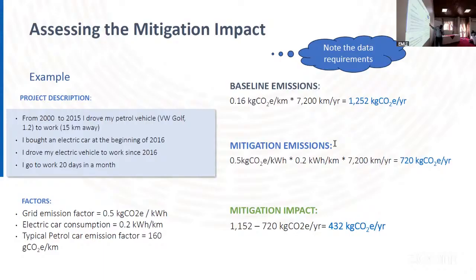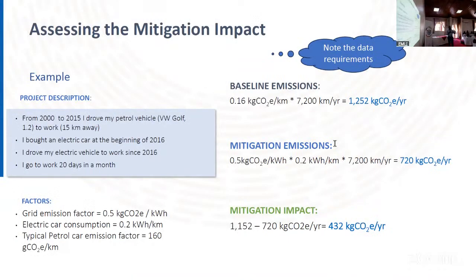So, in essence, his mitigation impact would be the 1,252 minus the 720, which is about 532 kilograms of emission reductions each year. But that is an individual, just to show the concept.